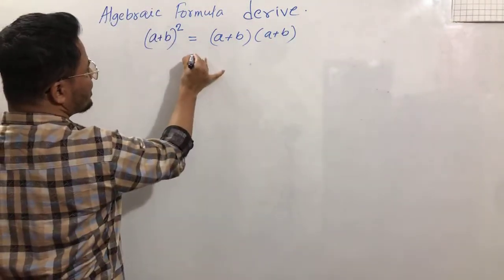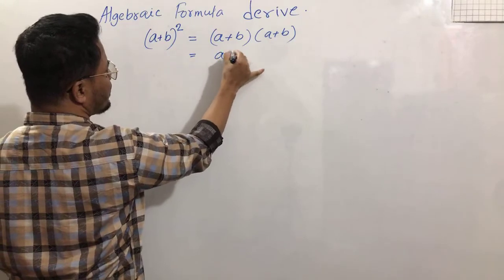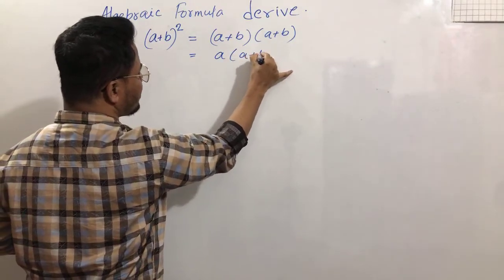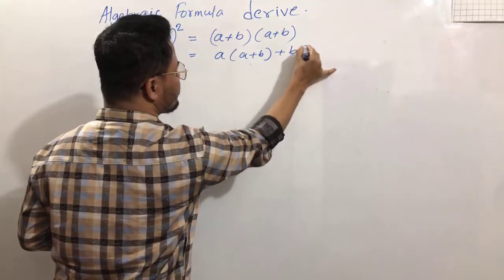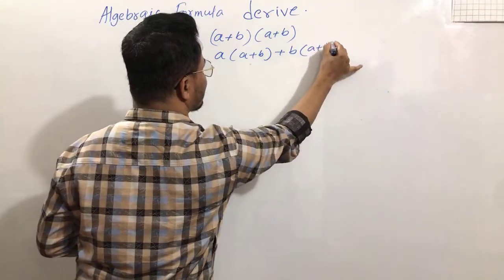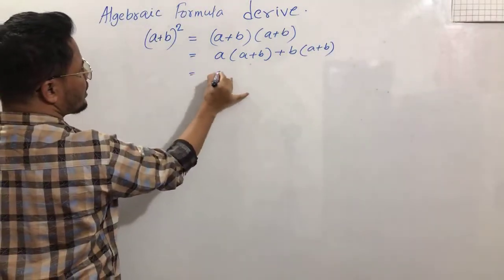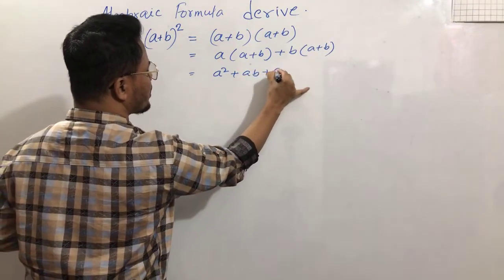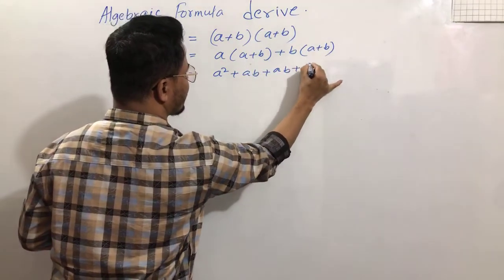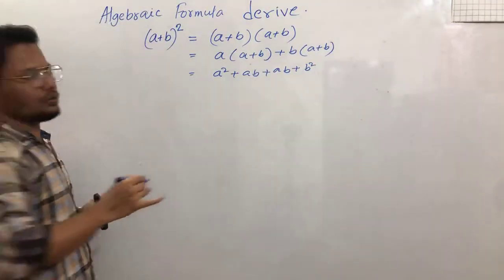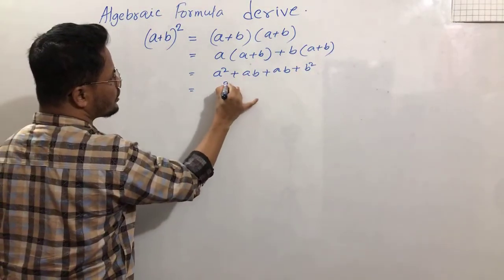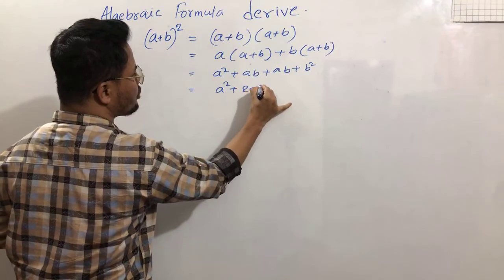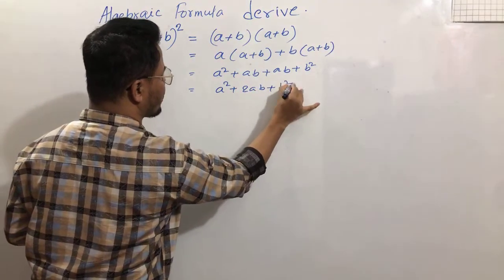Doing the multiplication, we get a times of a plus b, then b times of a plus b, and then we can write a square plus ab plus b square, and then a square plus 2 times of ab plus b square.